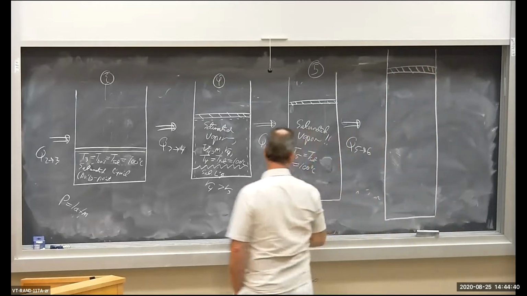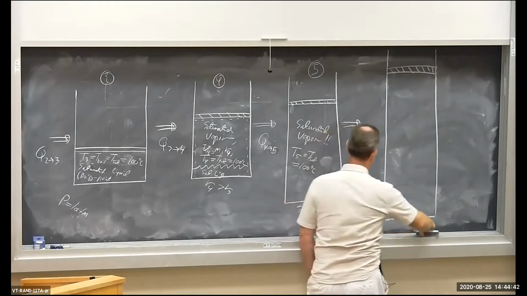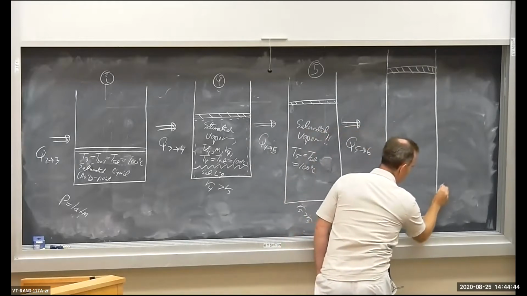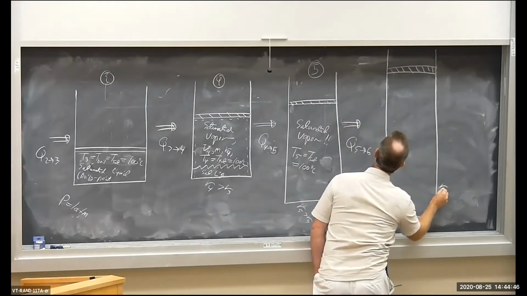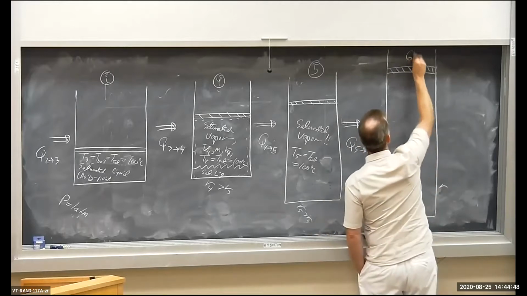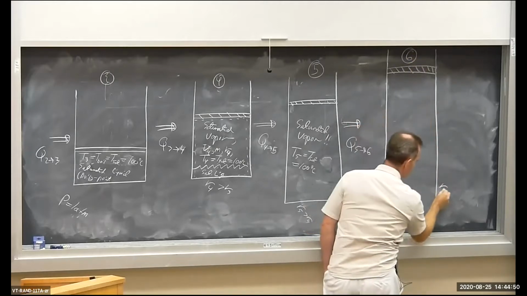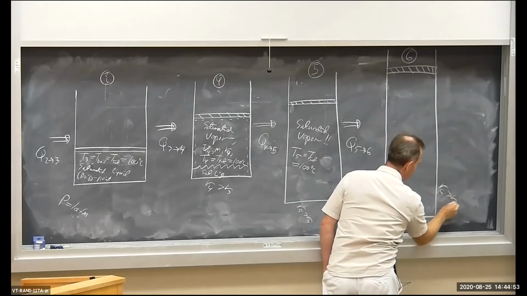So volumes increase. So V6, state 6. V6 is greater than specific volume at state 5.